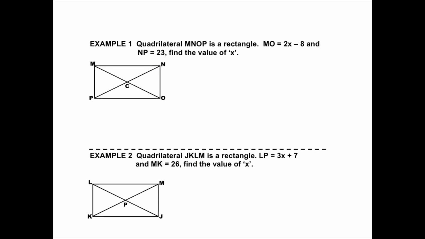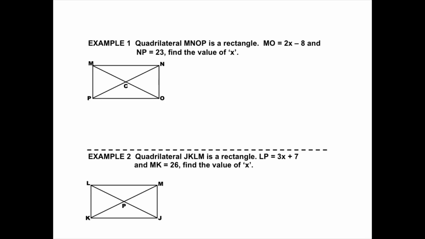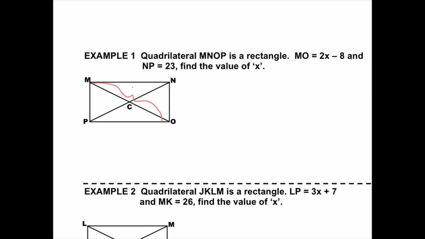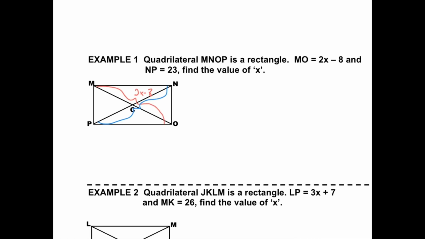So we're just going to answer some questions using those properties we just learned. It says quadrilateral MNOP is a rectangle. It says MO, so that's a diagonal, is M to O. So this whole thing right here is 2x minus 8. And then it tells me that NP, the other diagonal, is 23.